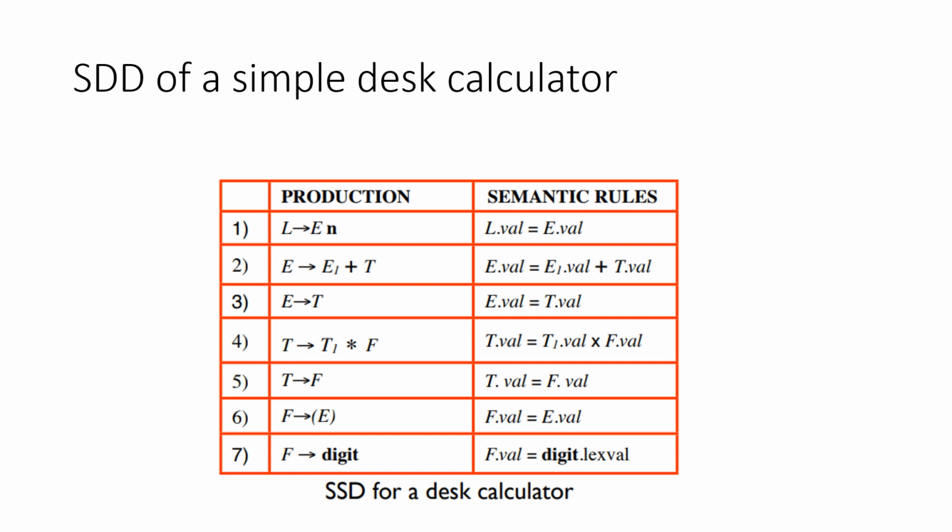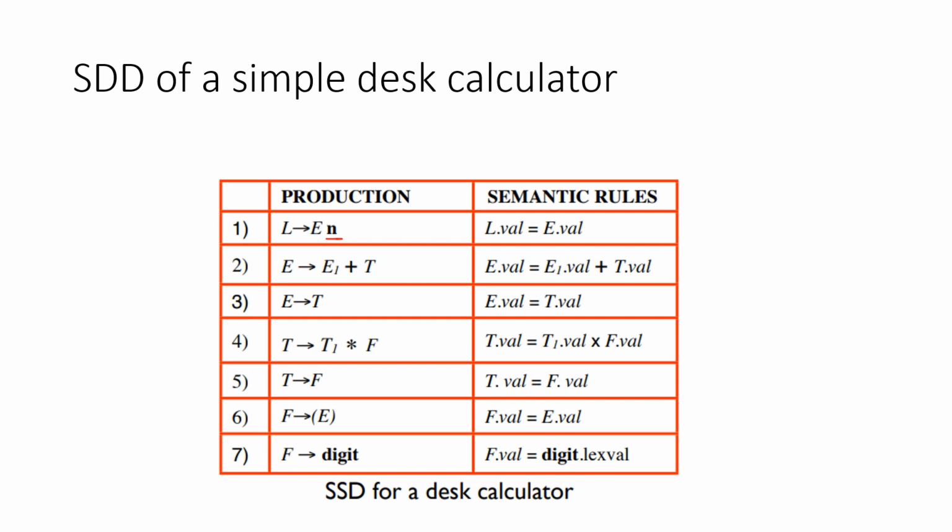This is the given production: L tends to En. What is this n? n is an end marker, and this SDD is also called bottom up, and it is also an example of synthesized attributes.